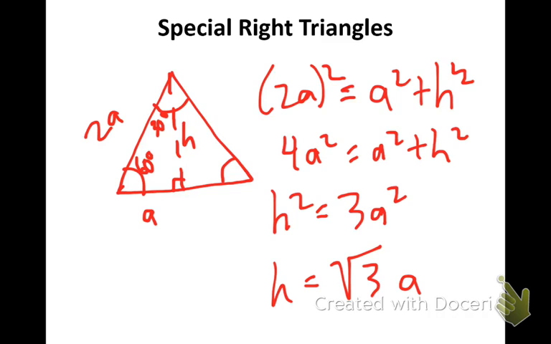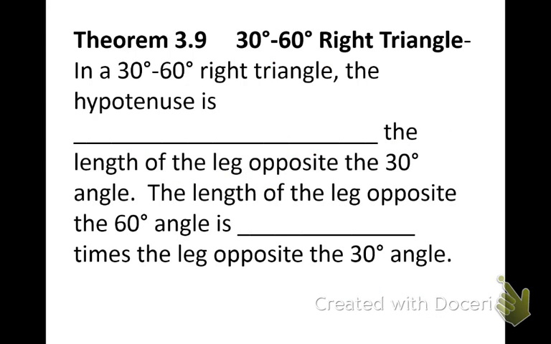So this is what we've come up with, the ratios of these sides. It's called a 30-60 right triangle.